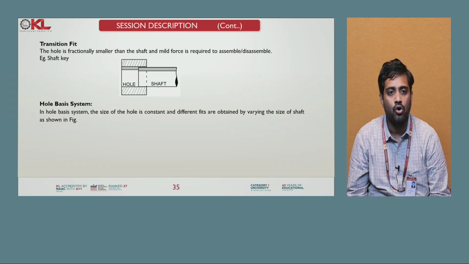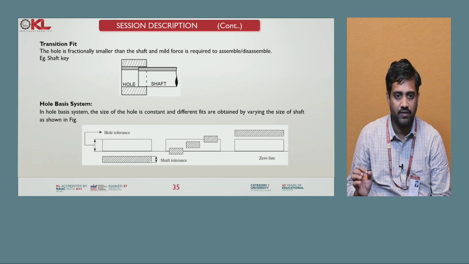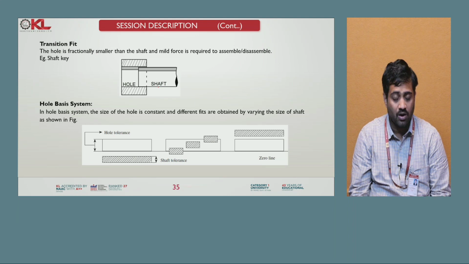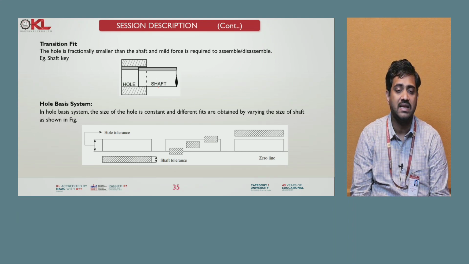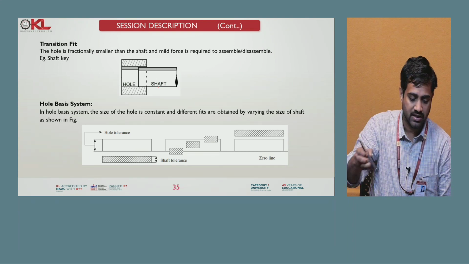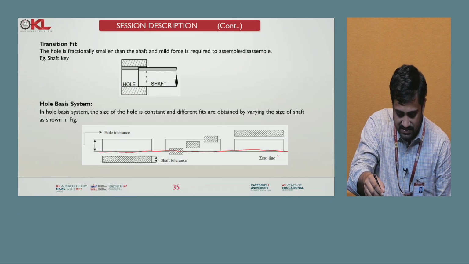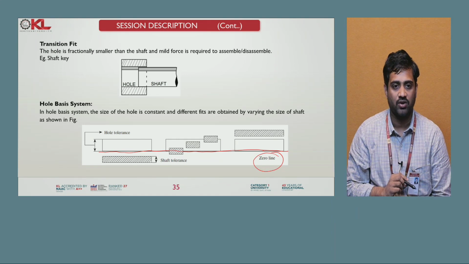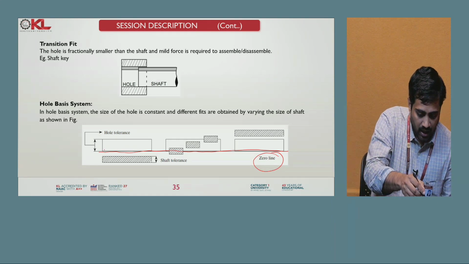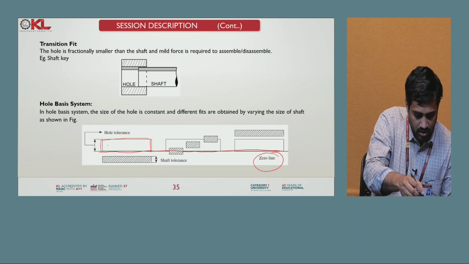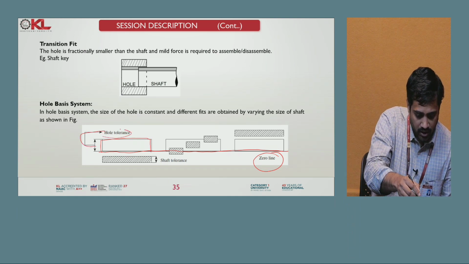Next, coming to the hole basis system, I'll show you a figure. In the hole basis system, the size of the hole is always kept constant. You see, for example, this line is a zero line. And this is called, as already mentioned, the hole tolerance.